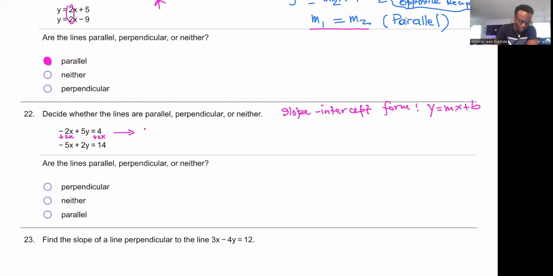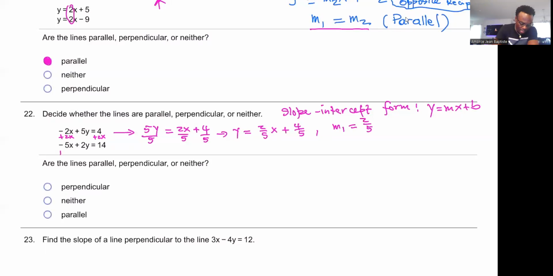Gets me to 5y equals 2x plus 4, and divide by 5. Then we got y equals 2/5 x plus 4/5. That's the slope-intercept form of this one, and we got a slope M1 equals 2/5.